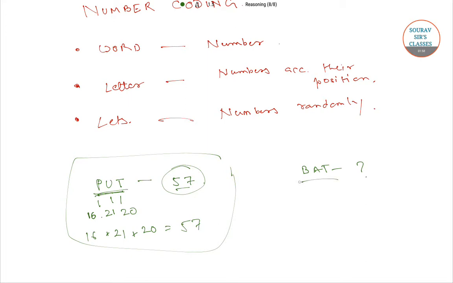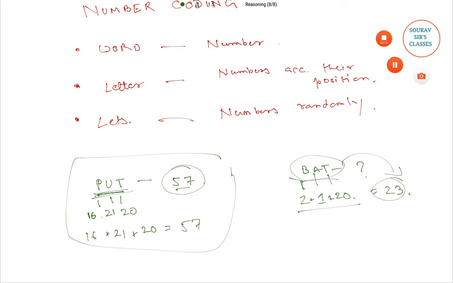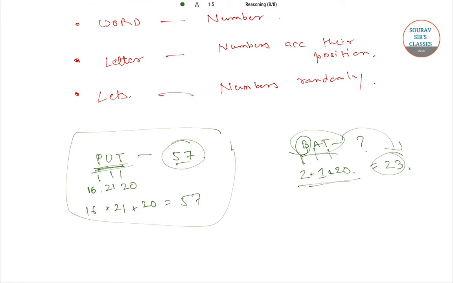So here the position value of B is 2, A is 1 and T is 20. So it would be 20 plus 1 plus 2, which equals 23. So in this code, BAT would be coded as 23. So here letters are coded according to their position values.